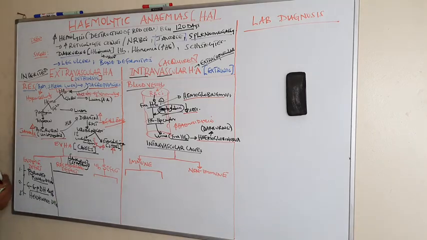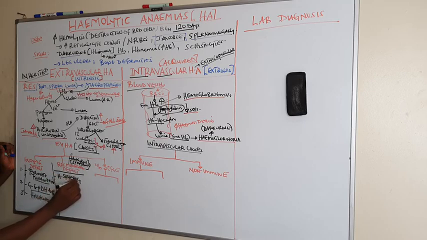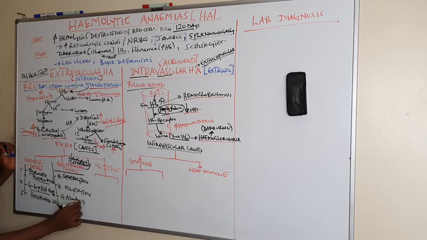Examples of this type are hereditary spherocytosis, hereditary elliptocytosis, hereditary acanthocytosis and hereditary stomatocytosis.